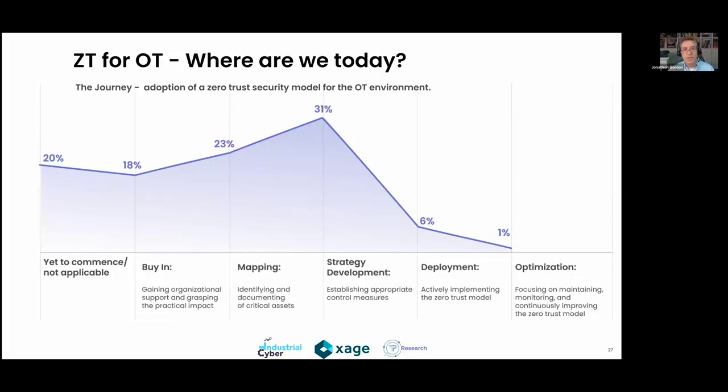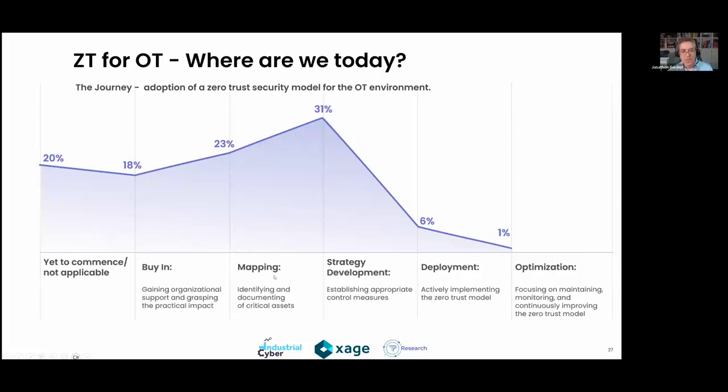So where are we today? Currently about 20% of respondents haven't yet commenced a real focus on zero trust. But the good news is that 18% are actively discussing, so they're at that buy-in stage. They're having organizational discussions with both management and teams out in the field.